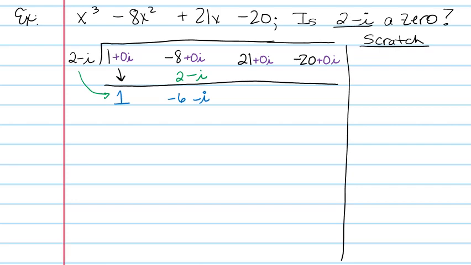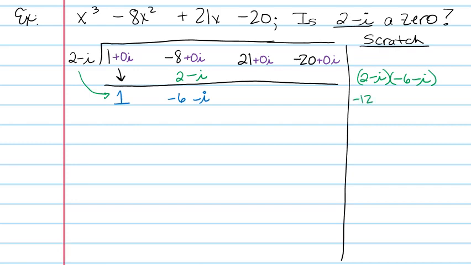Alright, so now I'm going to multiply again. And this is where my scratch paper comes in. I'm going to have to multiply 2 minus i times negative 6 minus i, and I'm going to do that over here.